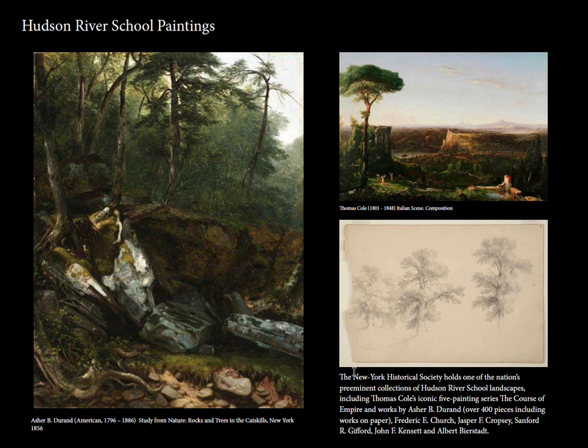They were trained by artists who also painted this style of landscape art, and they developed their own style of painting using the landscape of the Hudson River area. We also have the biggest collection in the world, and one of the famous artists is Asher B. Durand. We own the biggest collection of Asher B. Durand.